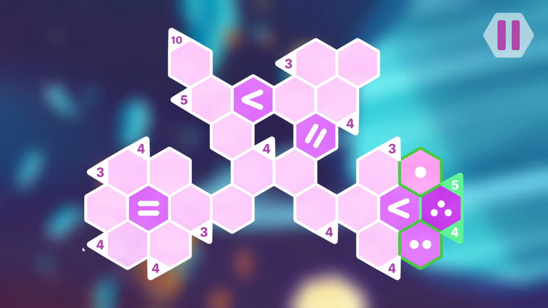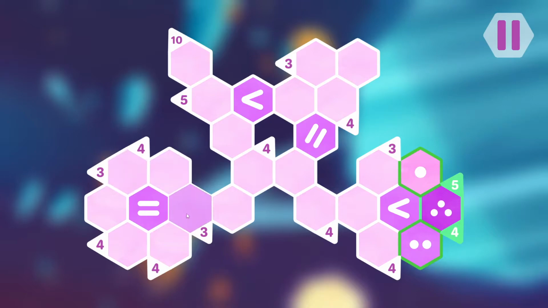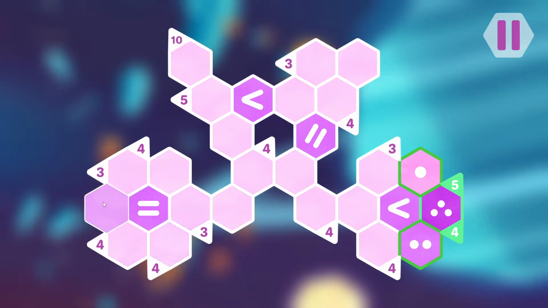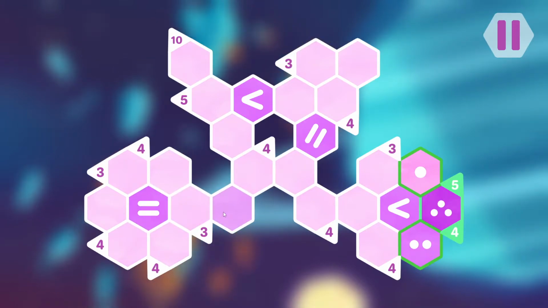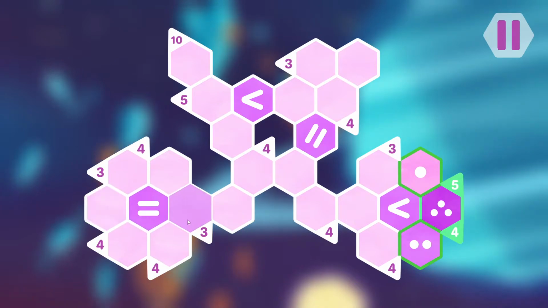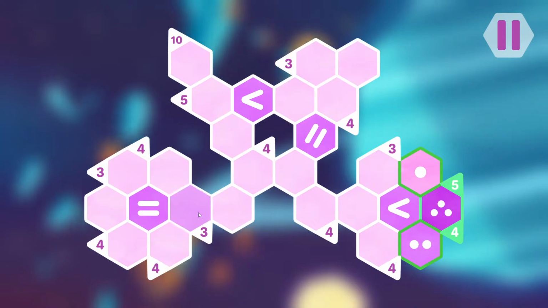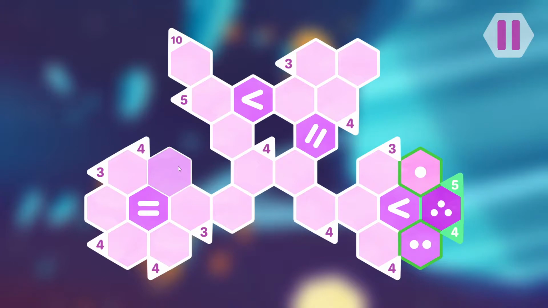Okay, let's consider this part. You see that there's a lot of 3's, 2, 2, 3's, and this is combined value of those two. So it can be 1. Okay, let's see if this can be 2. So if this is 2, then this is 3, this is 1, and this is 1.